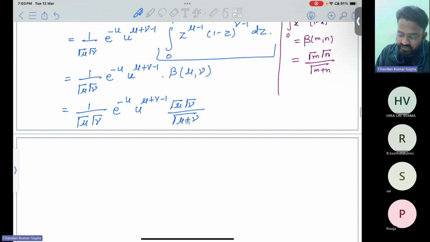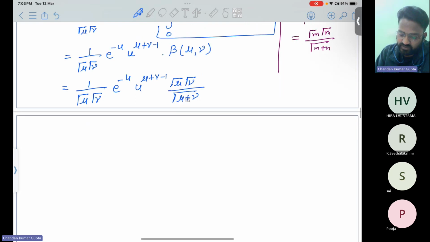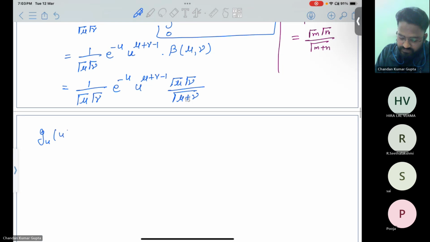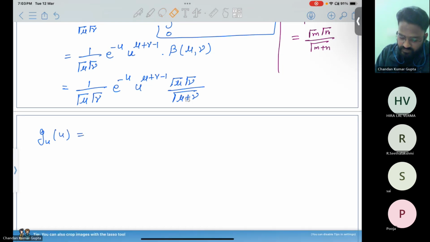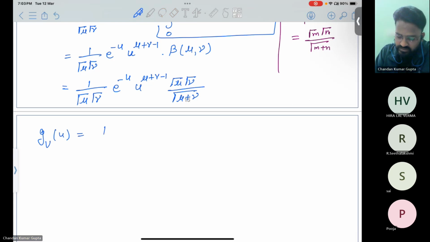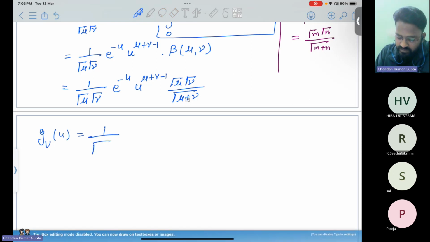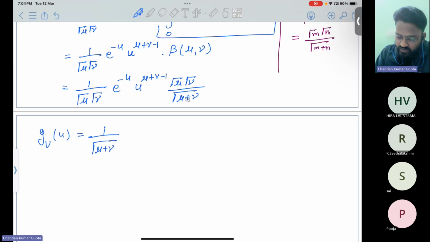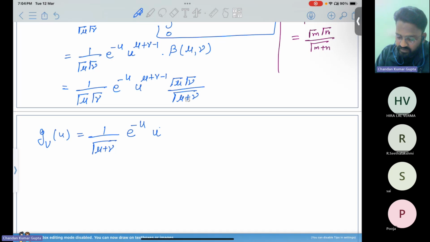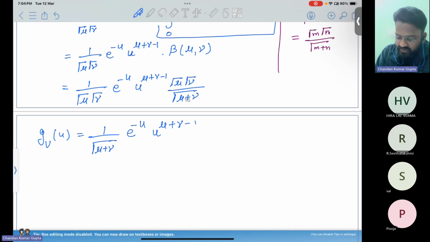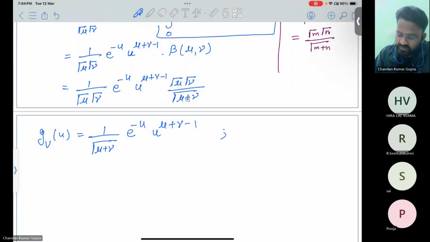So gamma mu and gamma nu will cancel out, and we get 1 upon gamma of mu plus nu, e to the power minus u, u to the power mu plus nu minus 1, for u greater than 0.